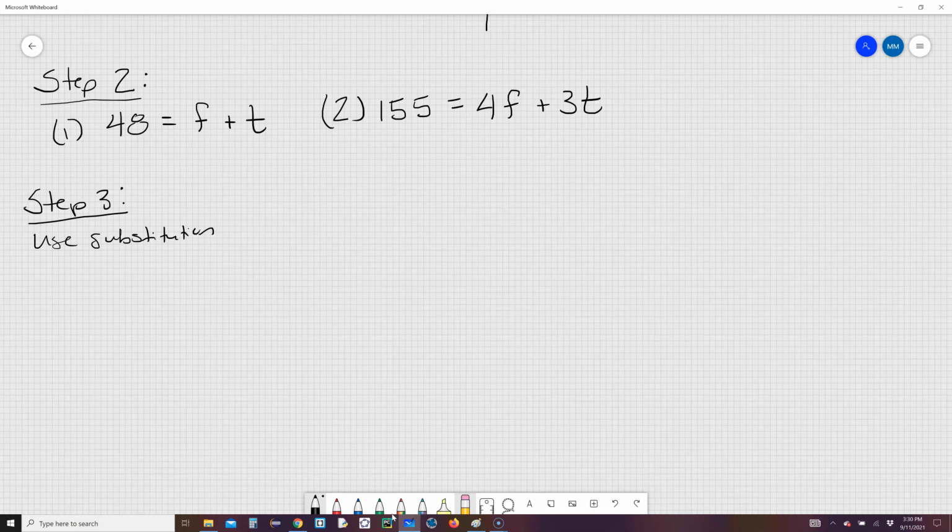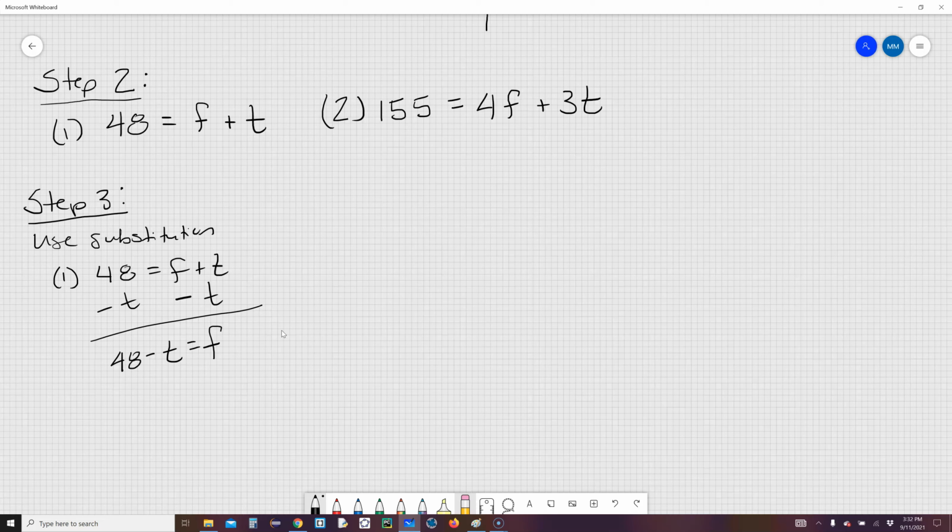I will solve the first equation. Doesn't matter, I can solve it for F, or I can solve it for T. Neither is extremely strenuous, so let's just solve for F. 48 minus T equals F. Okay.